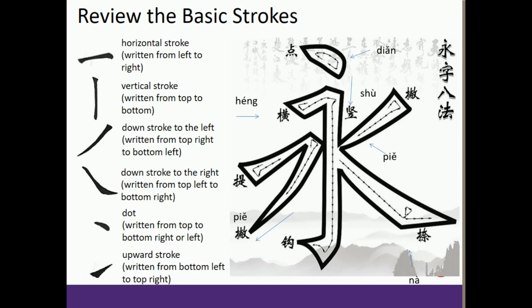And also, you will have something called 提, which normally goes from the bottom left to the top right. And then occasionally you have the last one, which is a hook. It's a hook, because a hook is always combined with a vertical or a horizontal stroke. So the hook is not an individual stroke.